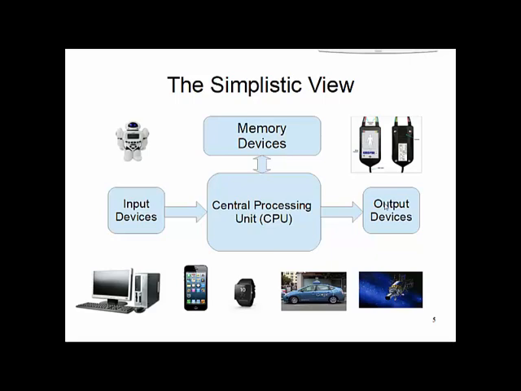It has some memory to store intermediate information, maybe temporarily, maybe permanently, that's a different story, but they have certain memory devices, and at the end of the day they produce a certain action, either on the monitors, or the car moving around, or showing you the time on the smartwatch, etc.